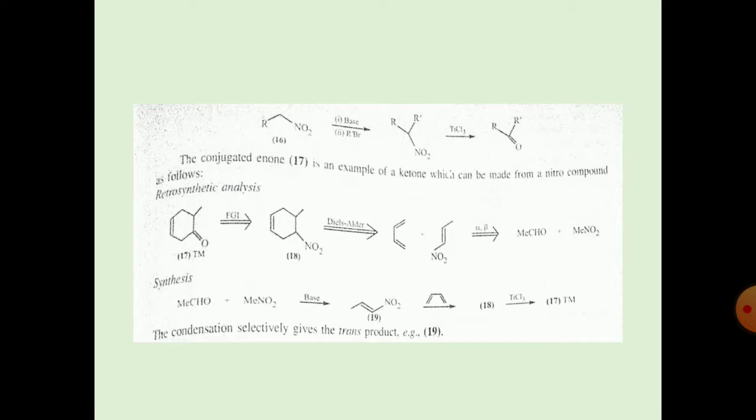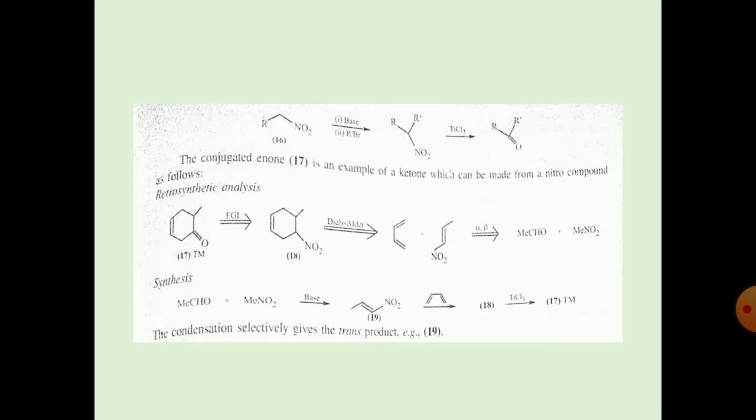So RCH2NO2 with base is reacted with R'Br. The base reacts with the nitro compound with formation of the anion, and this anion attacks the alkyl halide. The bromine leaves and this product is formed, and this is reacted with TiCl3, and the last step gives a ketone.